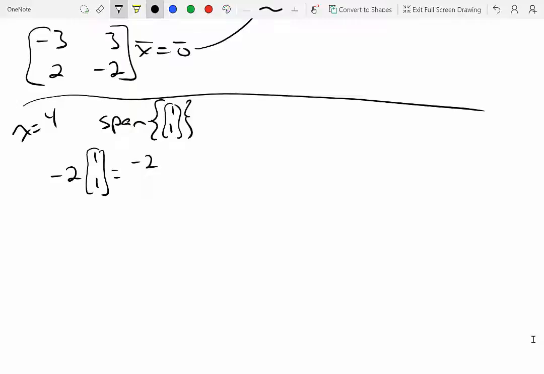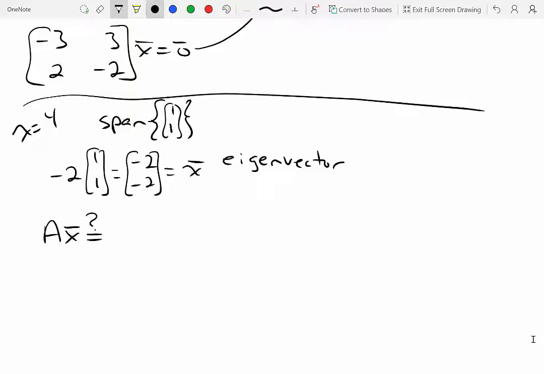That's going to be -2, -2. And if everything that we did here is correct, then this is now an eigenvector. And so I can check this. Is it going to be the case that A times this x is equal to 4 times x? Easy enough to check.